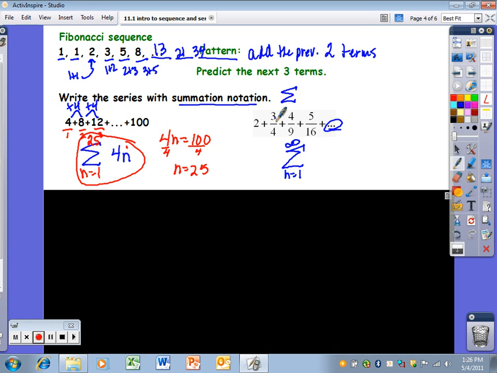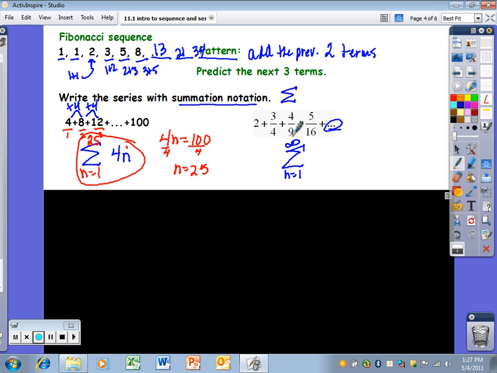No. From 2 to 3/4, it'll be 3/4 divided by 2, so times 0.375. 0.75 times 0.375 does not get me 4 ninths either. So it doesn't look like there's one rule that's repetitively adding or repetitively multiplying.